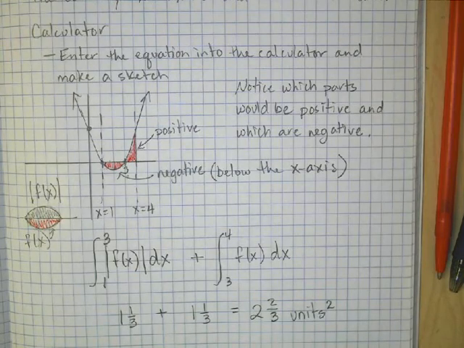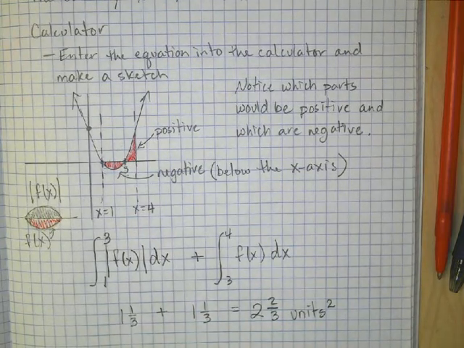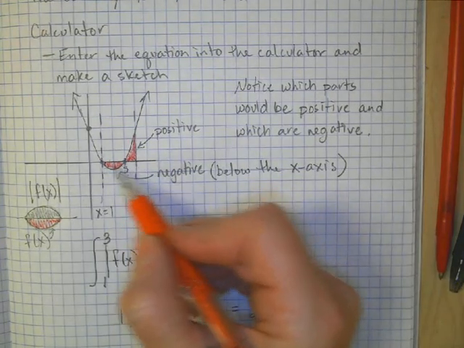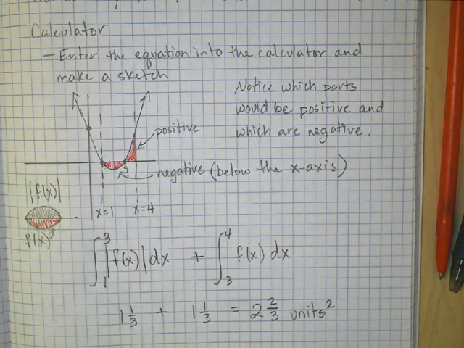So I'm going to show you that in class. I'm not going to put it into the notes. I'll show you another shortcut on the calculator in class. But this is the classic way of doing it: break it up into different areas, find each individual area, make any negative areas positive, and then add them together to get the total area.